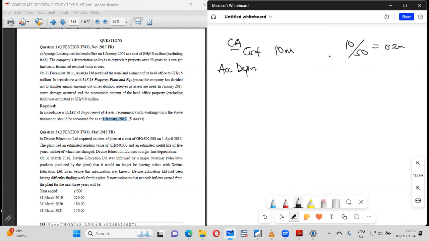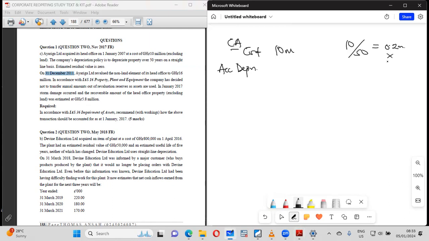Now, how many years to the time we are looking at this? They revalued it on 31st December 2011. So from 2007, 2008, 2009, 2010, 2011, that's like 5 years.